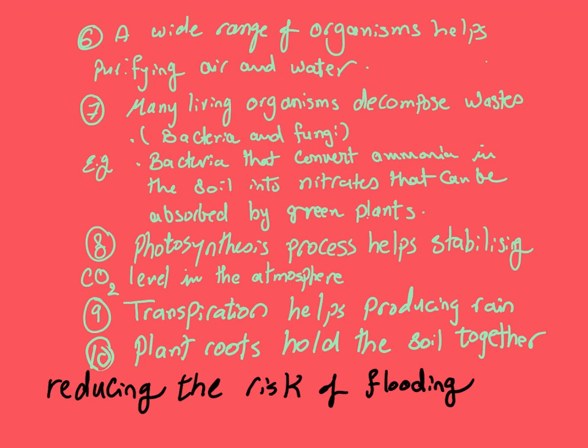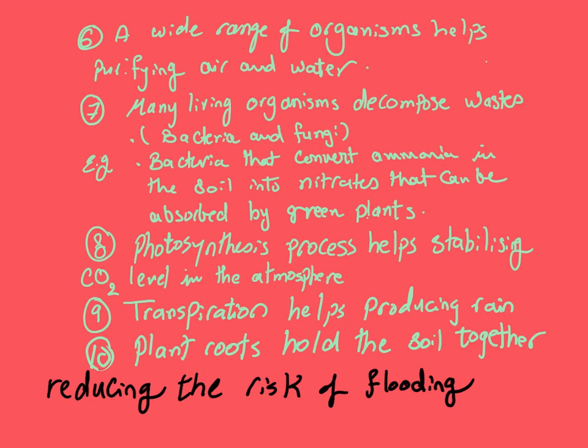We have an example here: bacteria that convert ammonia in the soil into nitrates, which can be absorbed by green plants. You know, green plants need nitrates to make their own proteins. There are many types of bacteria that can convert the ammonia into nitrates in the soil, in a process that we call ammonification or fixing ammonia.